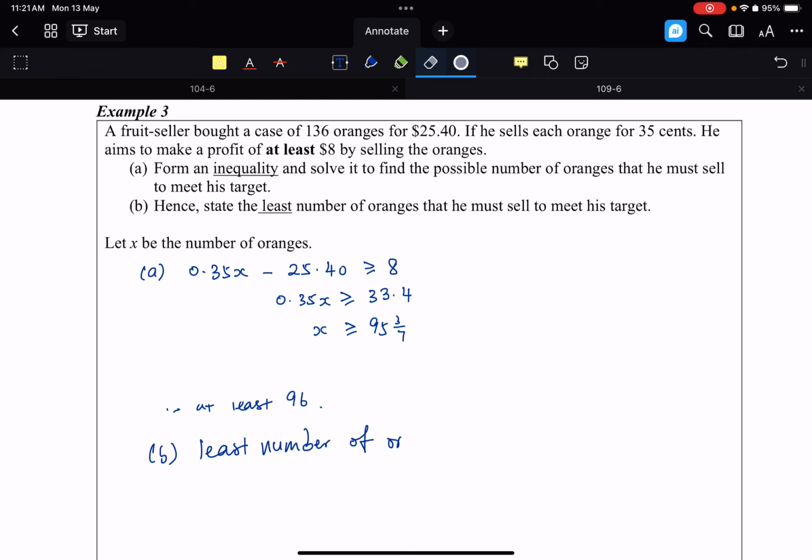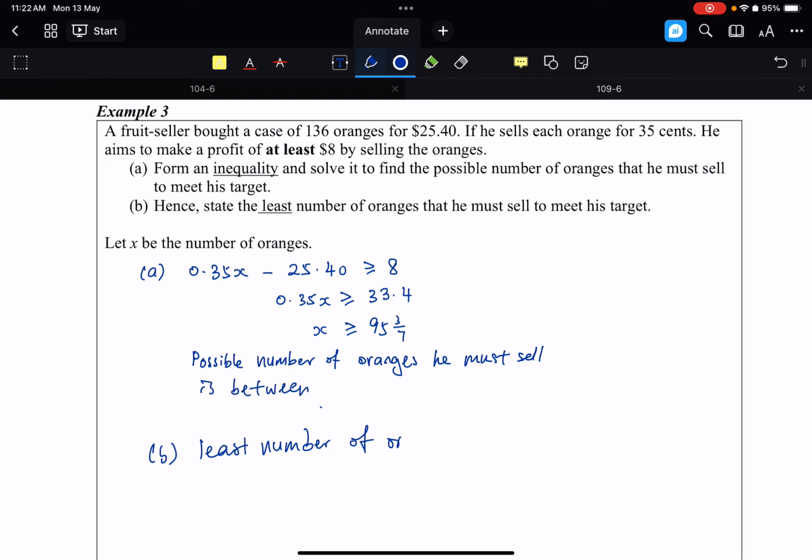So part A actually asks for the possible number of oranges. So the possible number of oranges he must sell is between 96 and 136 inclusive.